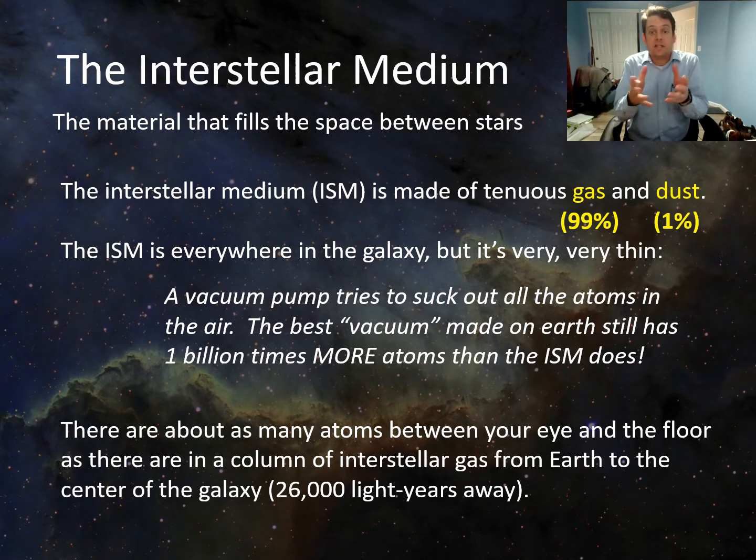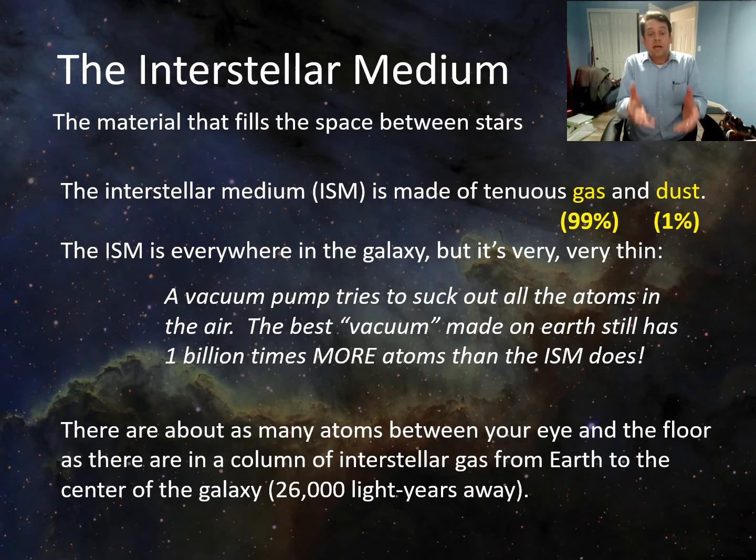Now let's say exactly how low density. Well, a vacuum pump, and I don't mean a vacuum cleaner, though a vacuum cleaner operates on the same principles, and I'm happy to talk more about that if you want. A vacuum pump works by trying to suck all of the atoms out of some region of space. Lots of physics labs use vacuum pumps, and the goal is to remove as much stuff as possible, ideally everything, but it turns out that we can't do that in practice.